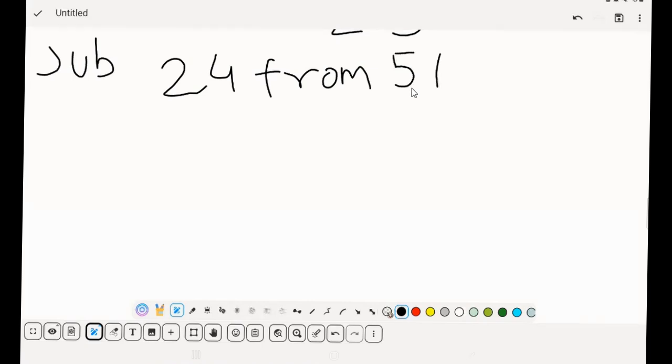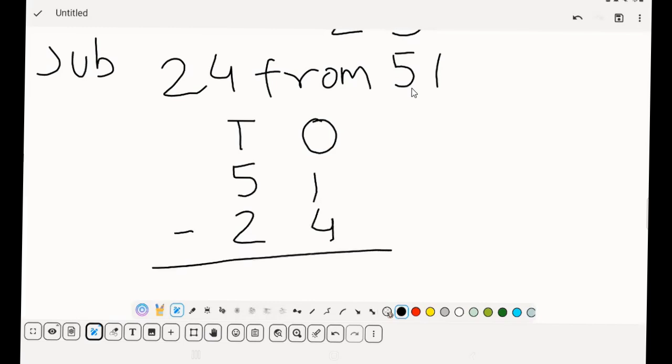Then what are the steps to follow? Simply write the numbers in TO pattern, 51 in TO pattern and 24 in TO pattern with a minus sign. Now we have to subtract the ones group first. Now in the ones group you got 1 minus 4.